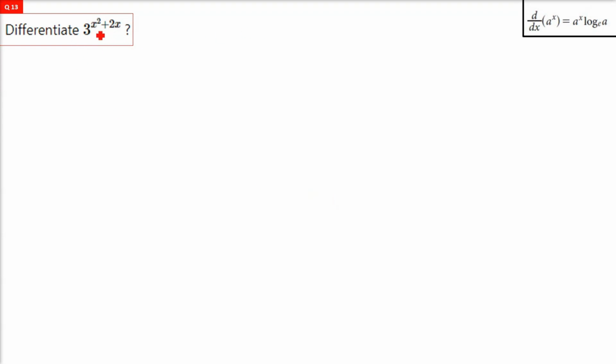Next one is 3 raised to the power x square plus 2x. So this is 3 raised to the power x square plus 2x. Just assume that there is some 3 and there is something over it. Let us call it z. So when you differentiate it, it will be something a to the power x formula. So a to the power x will apply. What is a to the power x?